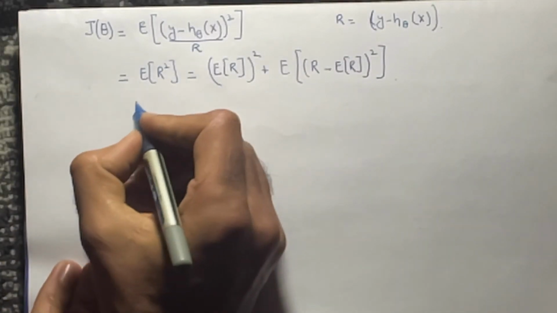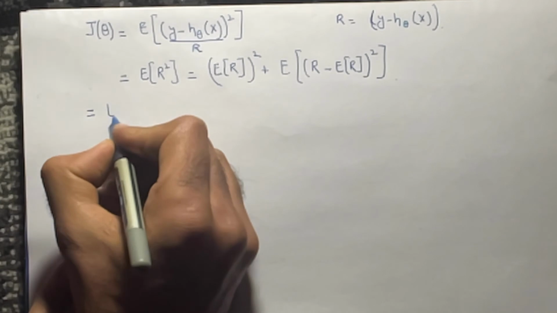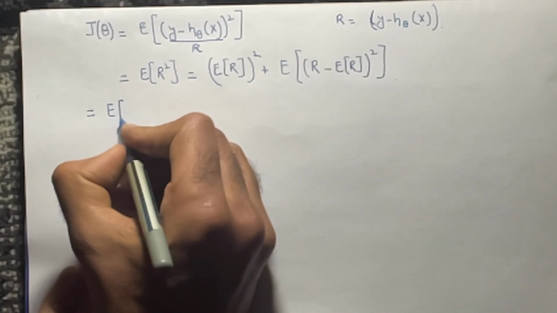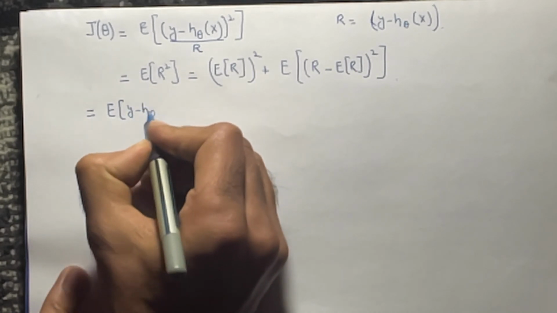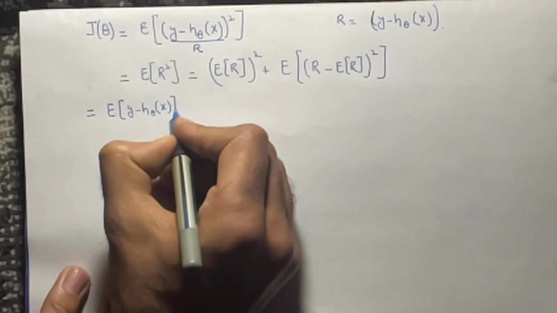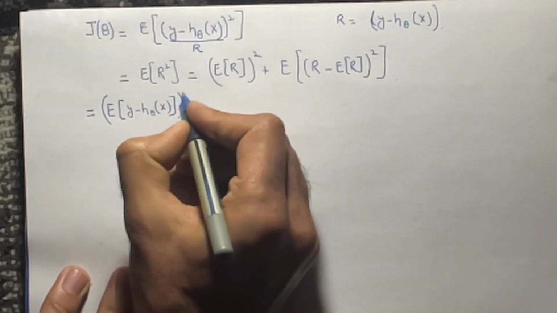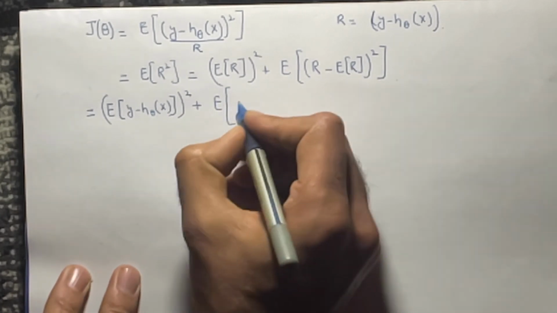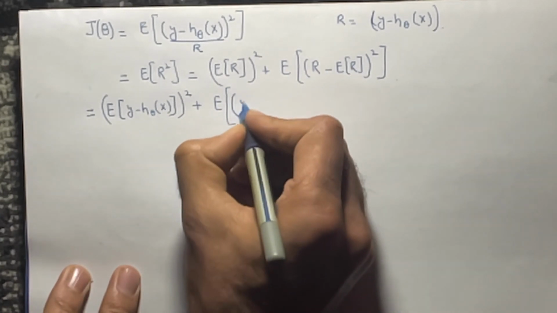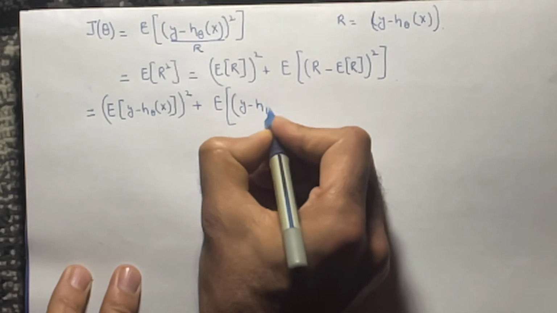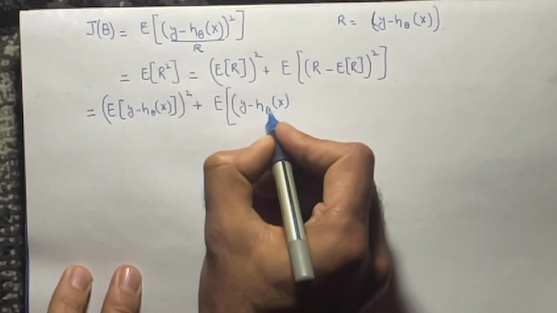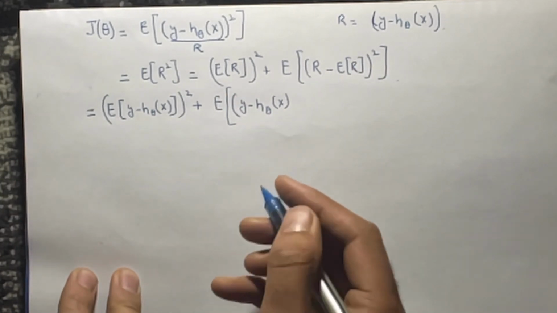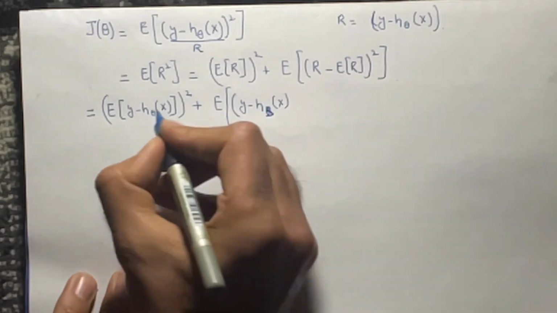So now let's give the values back. It will be equal to expectation of r. What is r? Y minus h theta x whole square plus expectation of, what is r? R is y minus h of theta x. So h of theta, or we can write h of s, because now we are choosing infinite number of models. Okay, so let me write h of s.